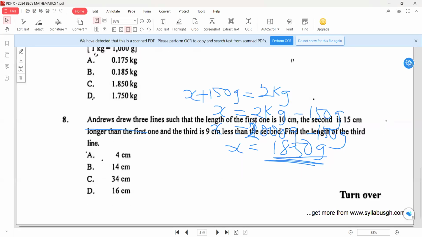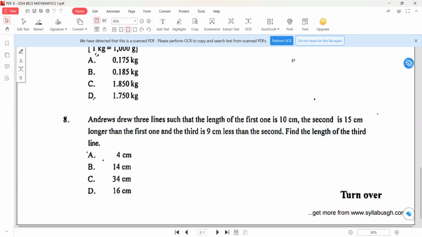Question number 8. Andrews draws 3 lines such that the length of the first one is 10 centimeters, the second is 15 centimeters longer than the first one.